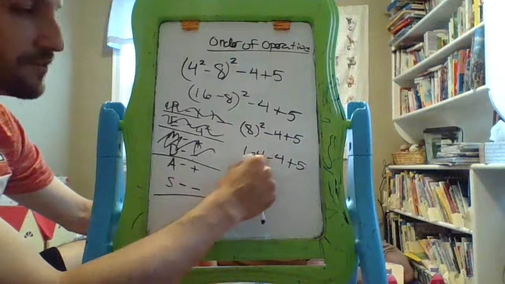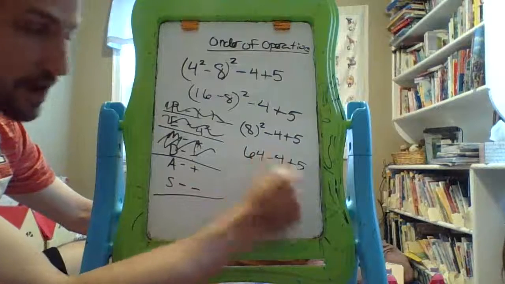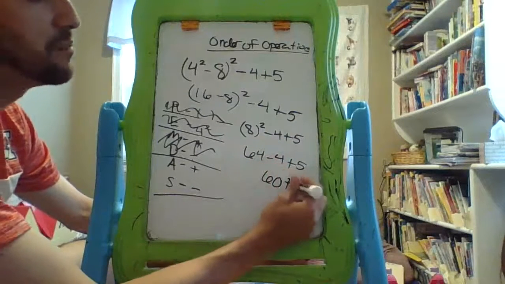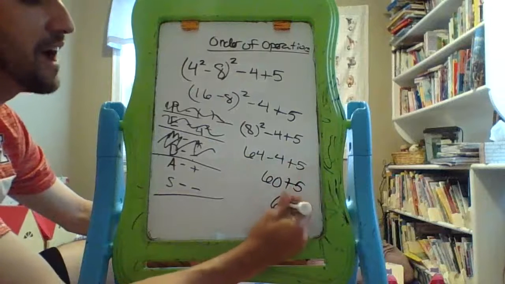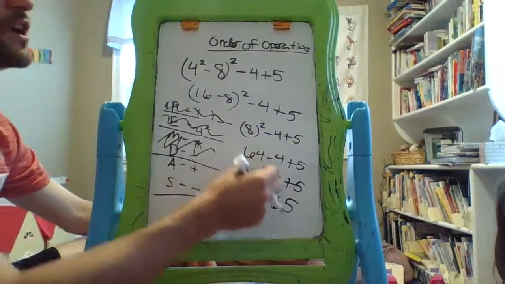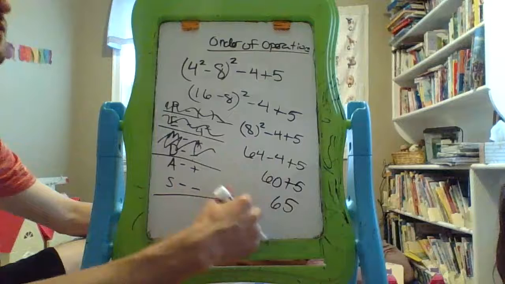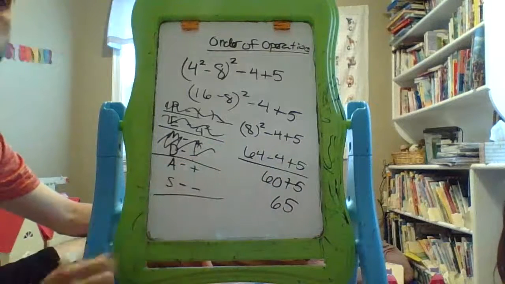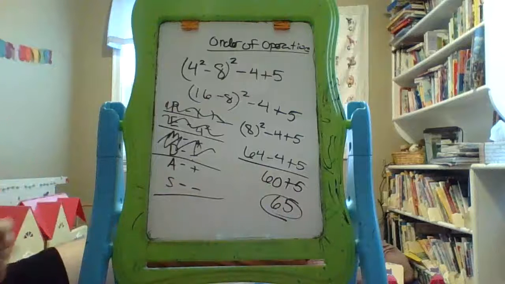The issue is if you do it correctly, 64 minus 4 is 60, plus 5 is 65. So the question is, is the answer 65 or is it 55? If you plugged that just into a calculator just like that, you would get 65.